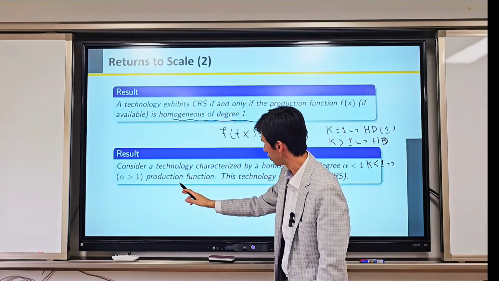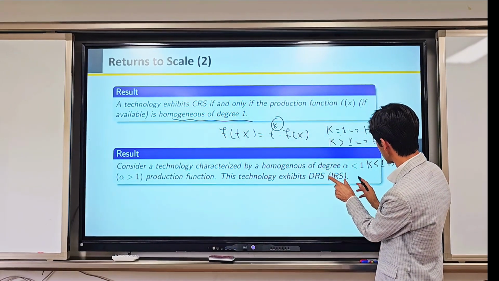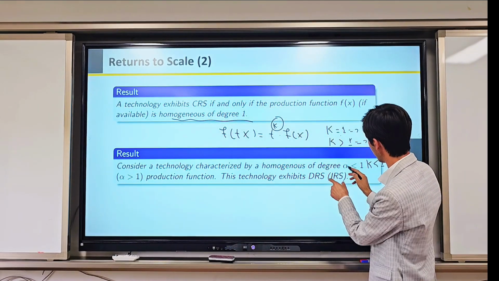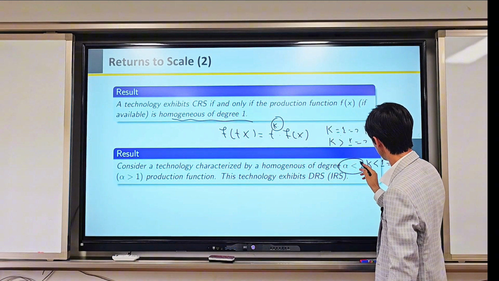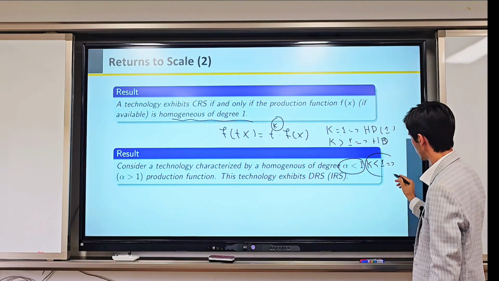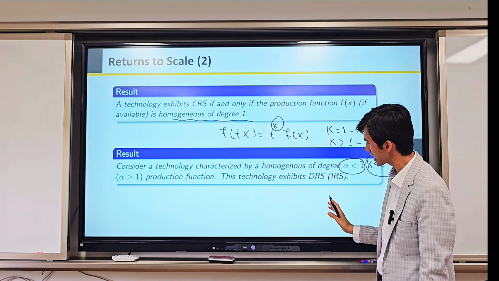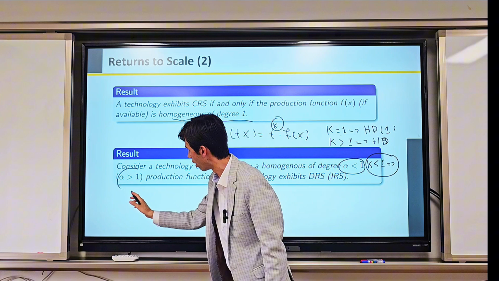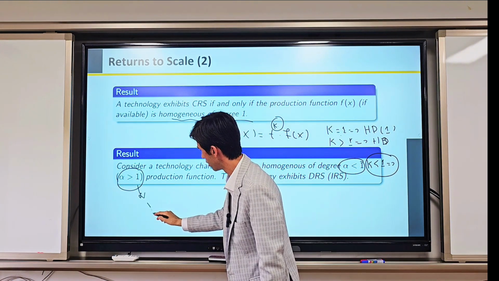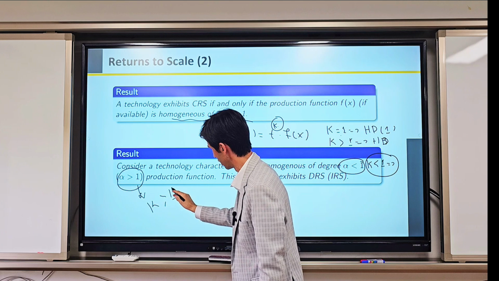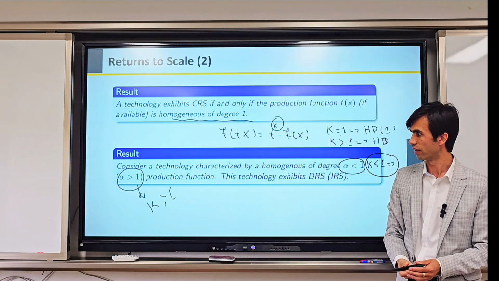In case of decreasing return to scale, k, or in other words alpha, should be less than 1, which means homogeneous of degree less than 1. For increasing return to scale, alpha, or as we noted here k, should be greater than 1. That means it should be homogeneous of degree greater than 1.